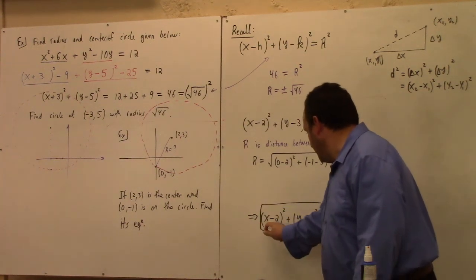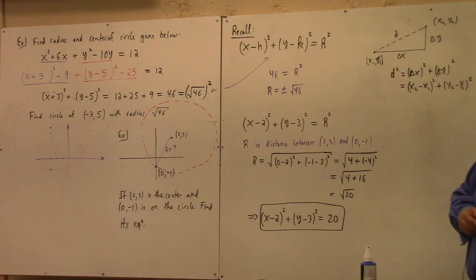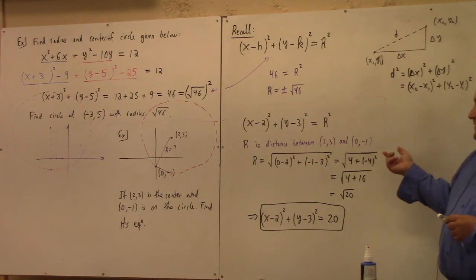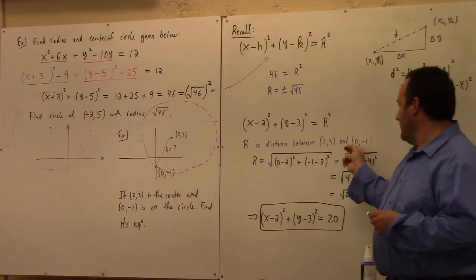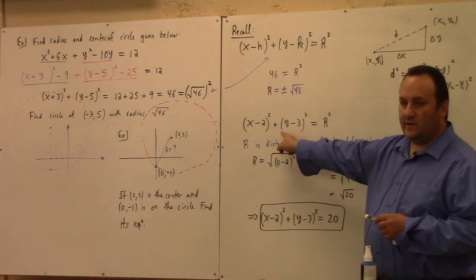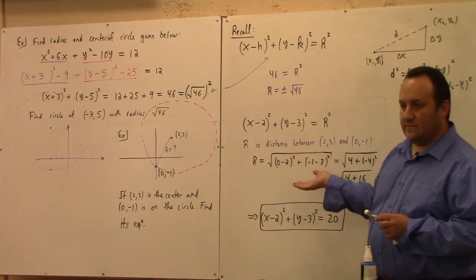So there you go. Now, the other way you could have solved this would have just been to plug in the point (0, -1) into this equation and solve for r. That's another way you could have done this, if you didn't have this geometric idea that r is the distance.